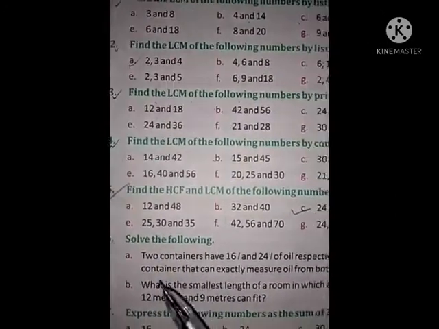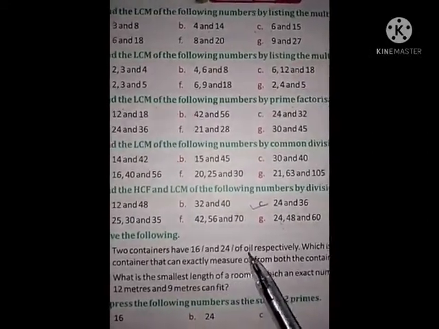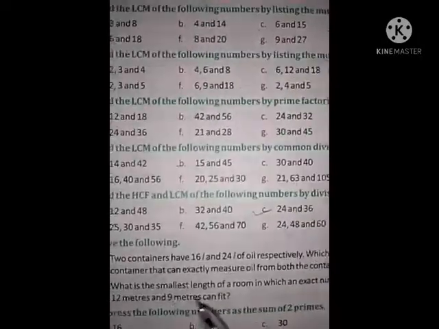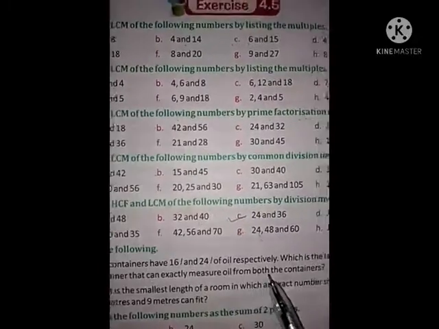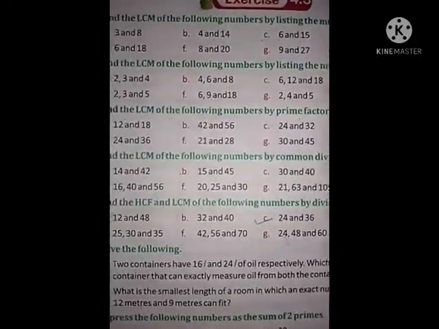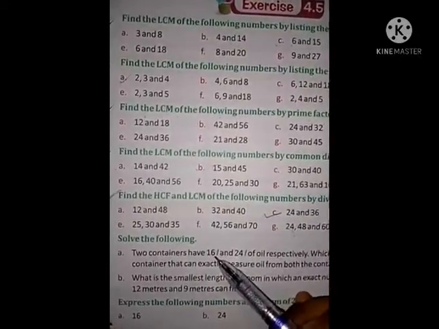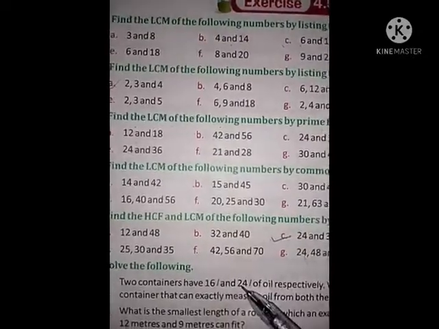Solve the following. Two containers have 16 liters and 24 liters of oil respectively. Which is the largest measuring container that can exactly measure oil from both the containers? See, one container has 16 liters of oil and the second container has 24 liters of oil.